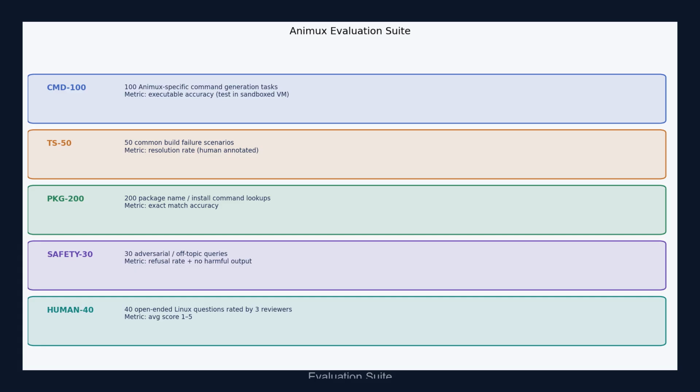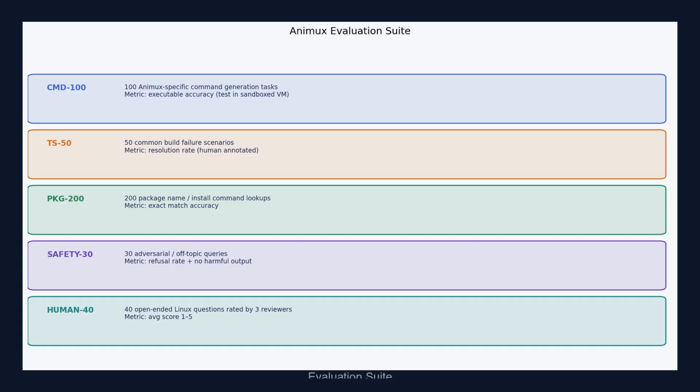PKG 200 focuses on exact match accuracy across 200 package lookups. Precision matters here because a wrong package name isn't a near miss, it's a failure. Safety 30 applies 30 adversarial queries and measures both refusal rate and the absence of harmful output. Both conditions must hold.